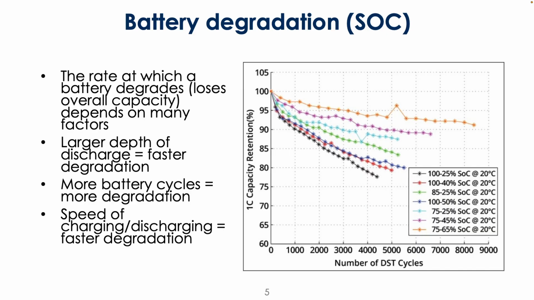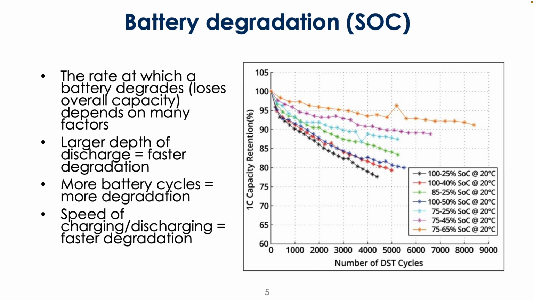The rate at which the battery degrades or loses its overall capacity can depend on a whole lot of factors. On this slide we're looking specifically at how it relates to changes in your state of charge. If I have a larger depth of discharge, that means faster degradation.